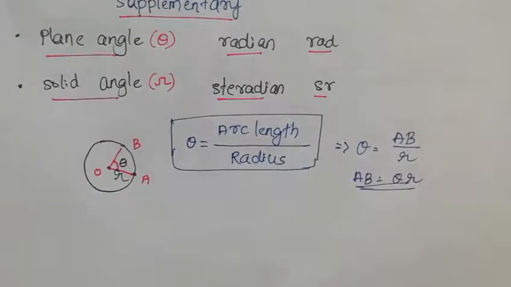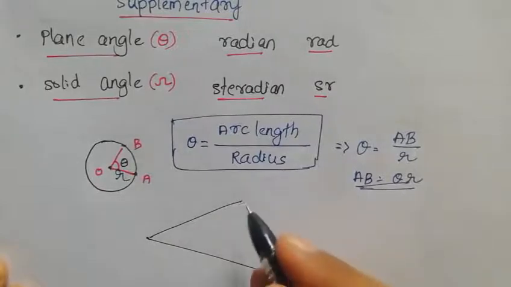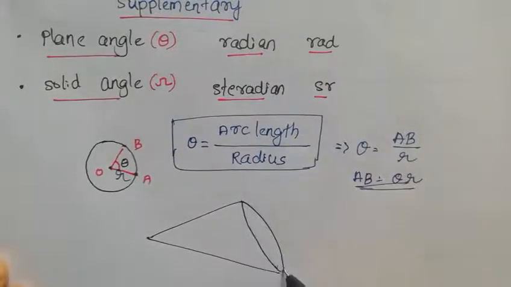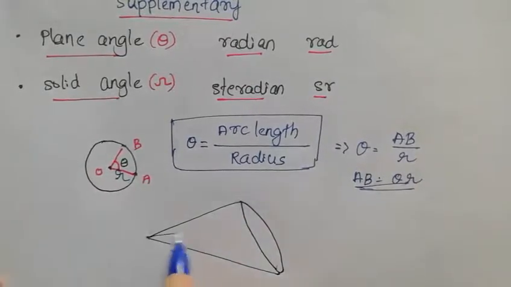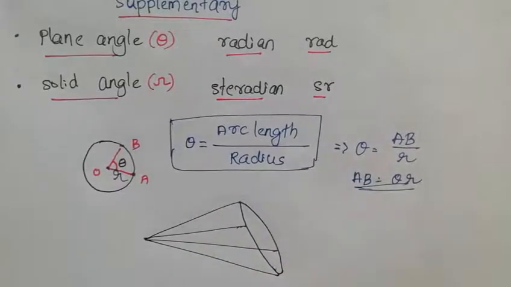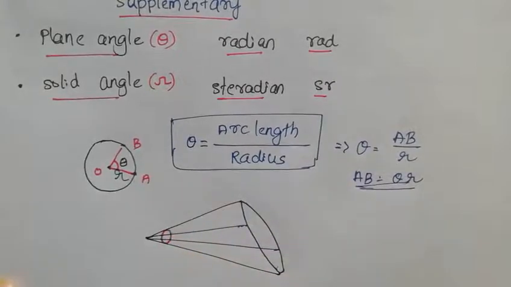One more thing we need to understand now, steradian. You need to have a little more imagination here. Form a cone of this shape. This cone is going to make some angle at this point, a circular angle.